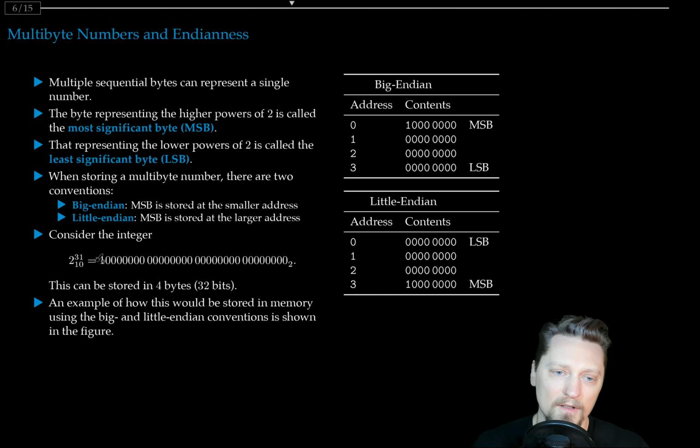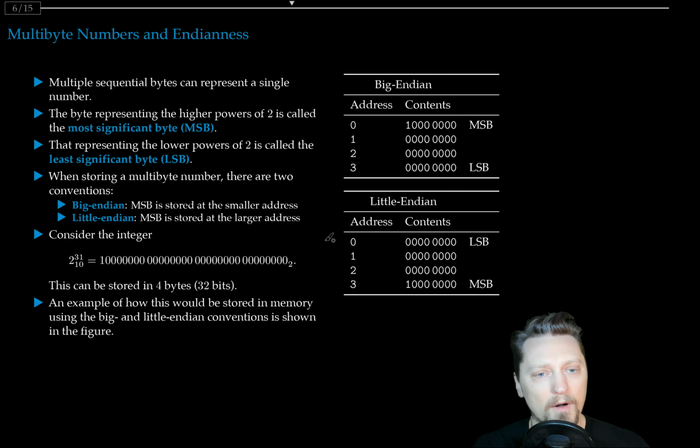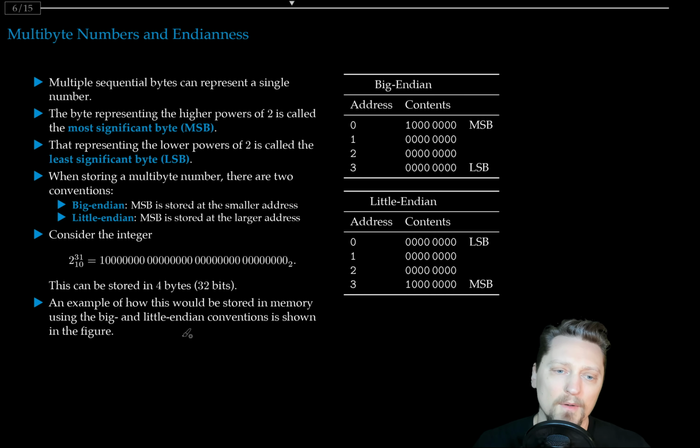Consider the integer here. So we've got 4 bytes, 32 bits. 2 raised to the 31 power in base 10 is represented in binary by this 4-byte number. An example of how this would be stored in memory using the big endian and little endian conventions is shown in this figure.